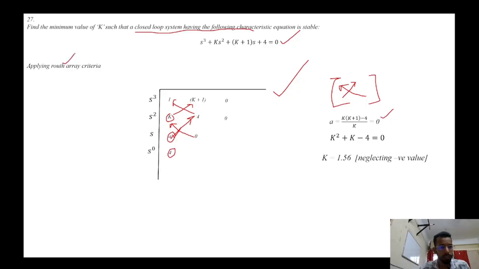Just learn this particular Routh criterion. There is a book called D.C. Sikdar.